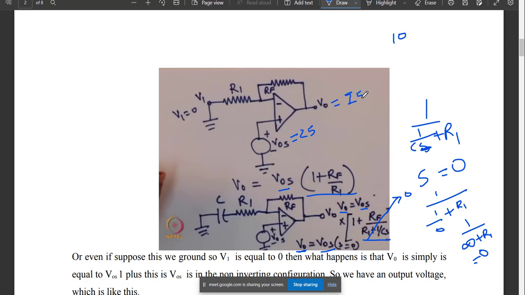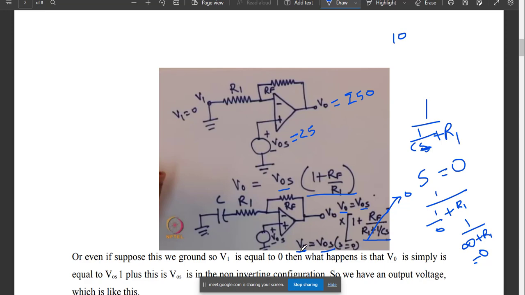Now when we put a capacitor in series, this whole term becomes 0, so the gain becomes only 1.